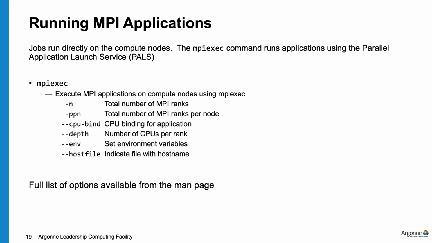So there's a lot of different options for controlling your launch, but some of the main ones that we see regularly used include -n for the total number of MPI ranks you're going to be running, -ppn for the total number of MPI ranks per node, --cpu-bind in case you want to specify the CPU binding for the application, --depth, which can allow you to specify the number of CPUs per rank, --env, which allows you to set environment variables, one of the important ones being OMP_NUM_THREADS, so you can pass that through the env option, and --hostfile, which will indicate which file contains the host names, and this should be set by default for normal usage.